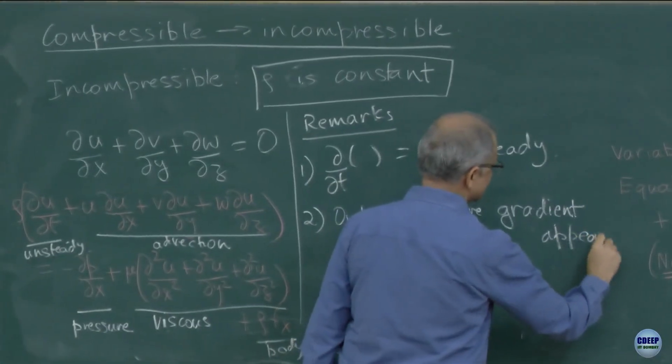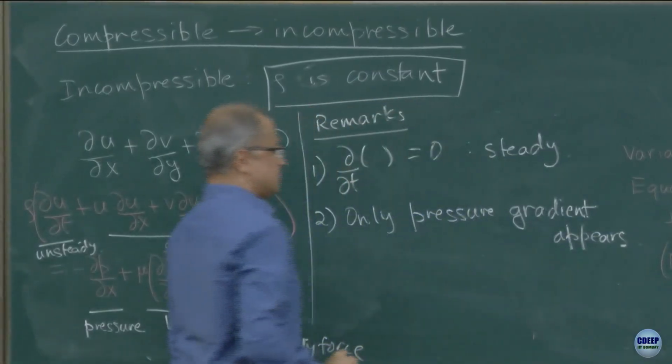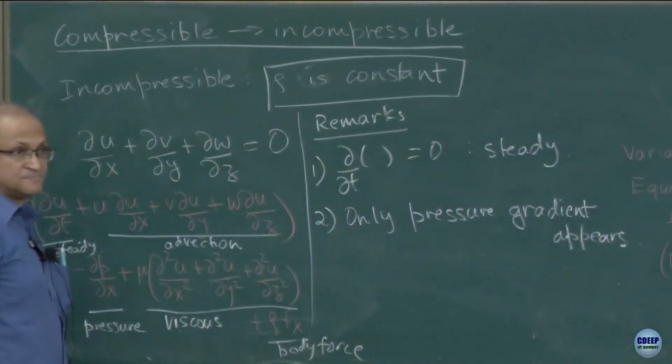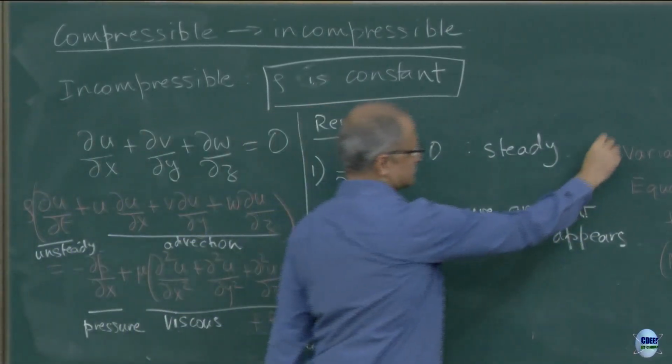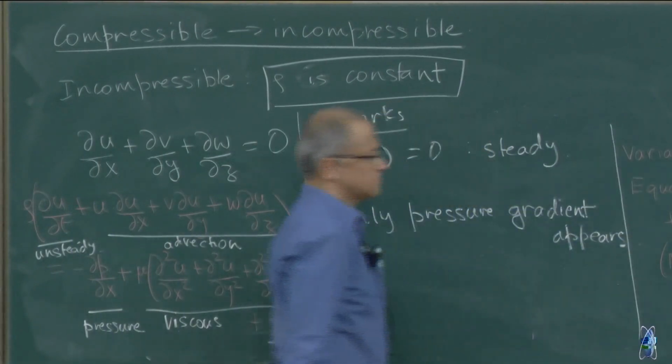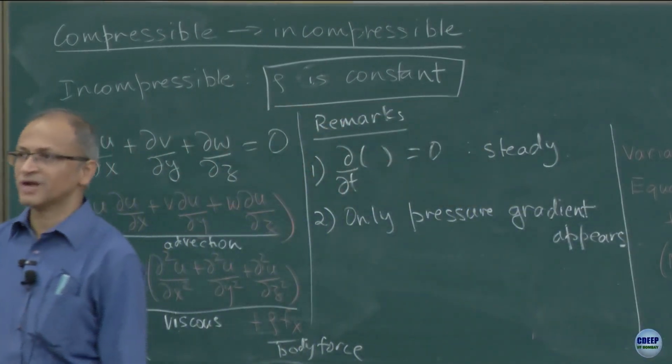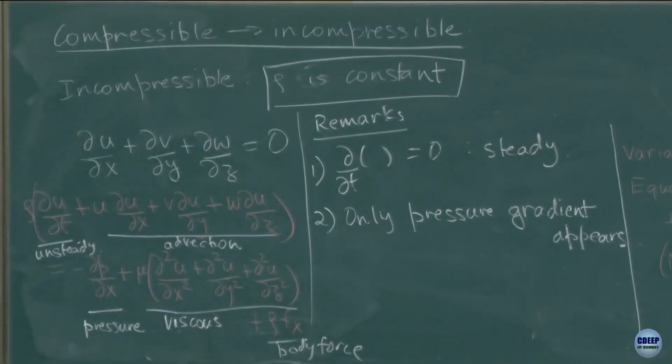So what does it mean? That means that pressure can only be found to an arbitrary constant. Because I can always put some reference pressure, and with respect to that pressure, I know the pressure here is this. I cannot find out what is the absolute pressure in my flow, because I'm only getting a pressure gradient.